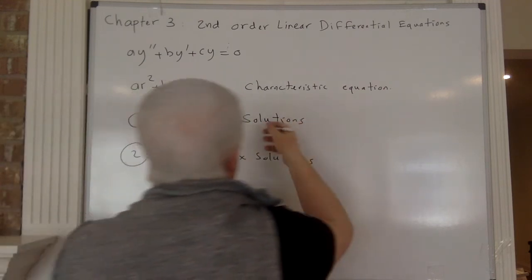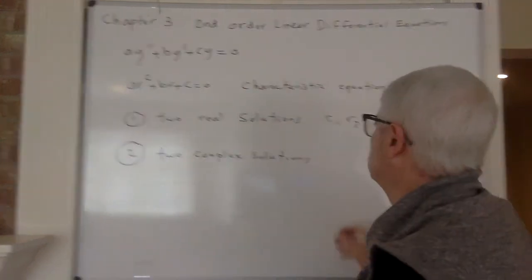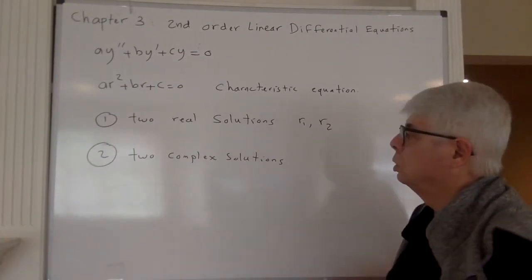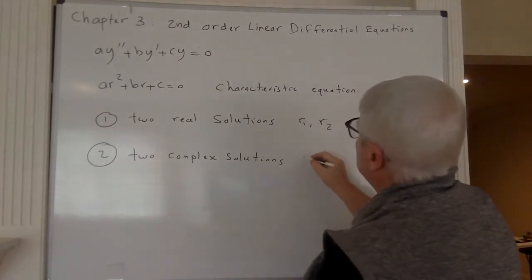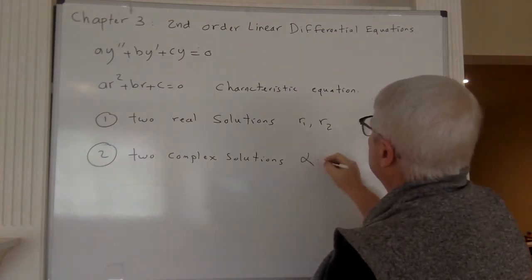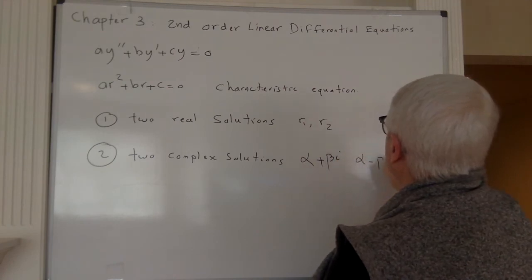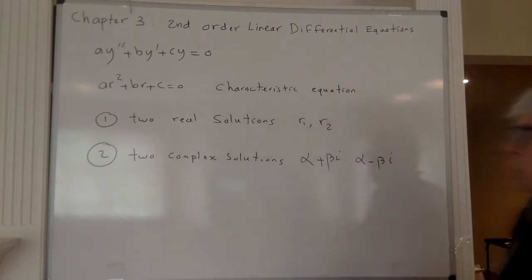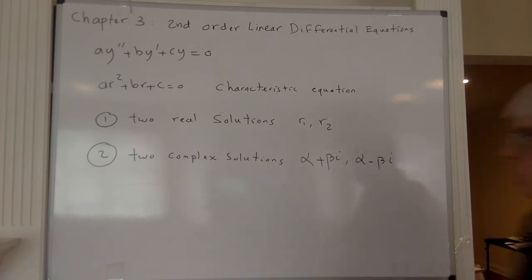So let's call this R1 and R2. Right, so that's R1 and R2. This one, 2 complex solutions, will be something like that. So it can be alpha plus beta i and alpha minus beta i. Remember, they are conjugates. The complex solutions are conjugates.